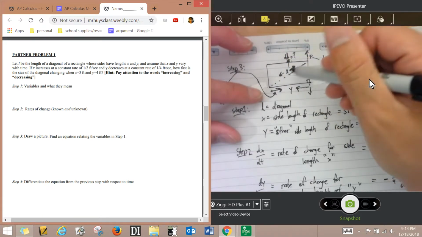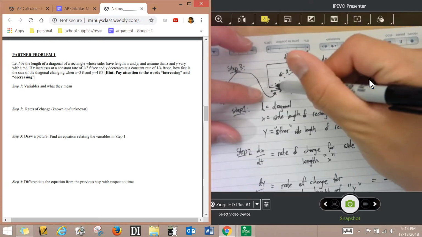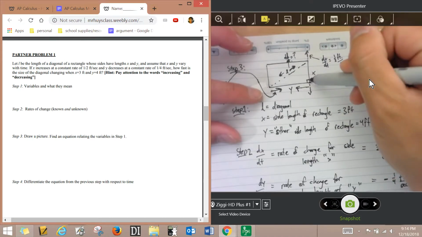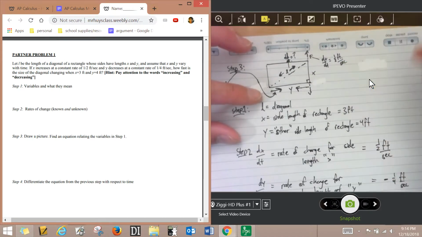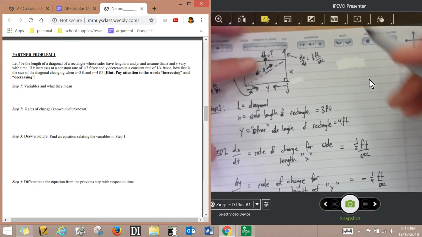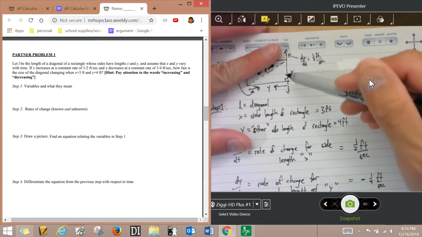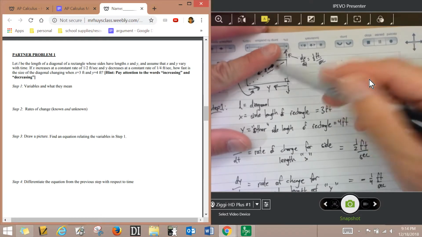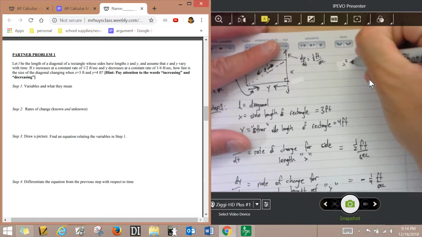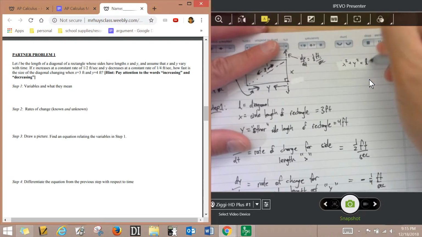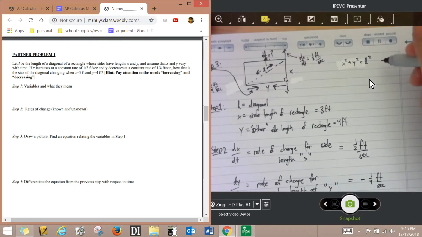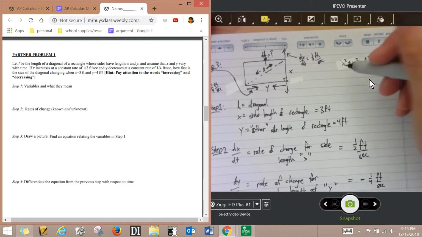So if I remember what a right triangle is, I can use the Pythagorean theorem: x squared plus y squared equals L squared. I just found an equation that relates all three of those variables. Okay, I'll just stop right there.